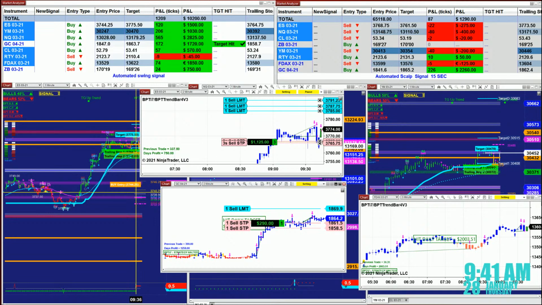If you want to move your trailing stop, that will be lovely. Personally, I don't like dummy trailing stops, because why exit a good trade when the market goes in your favor? I don't get it. So I personally do not like a dummy trailing stop, 10 ticks and 15 ticks. This is kid stuff.